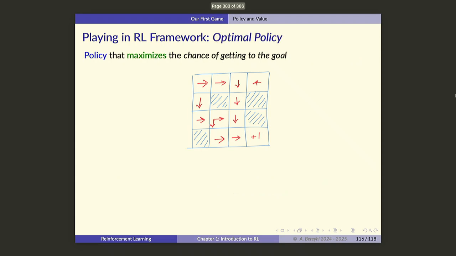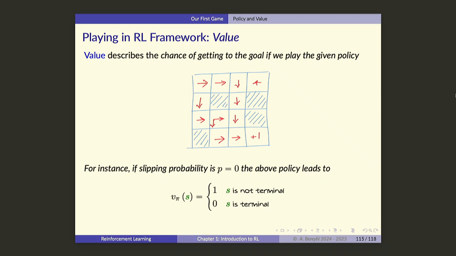But if I play with another policy, where when I'm here I decide to go right, then at this particular cell, whenever I get here, I end up losing. The reward for that particular cell is always going to be -1. So the value of that cell is going to be -1, given the policy that I'm playing, right?